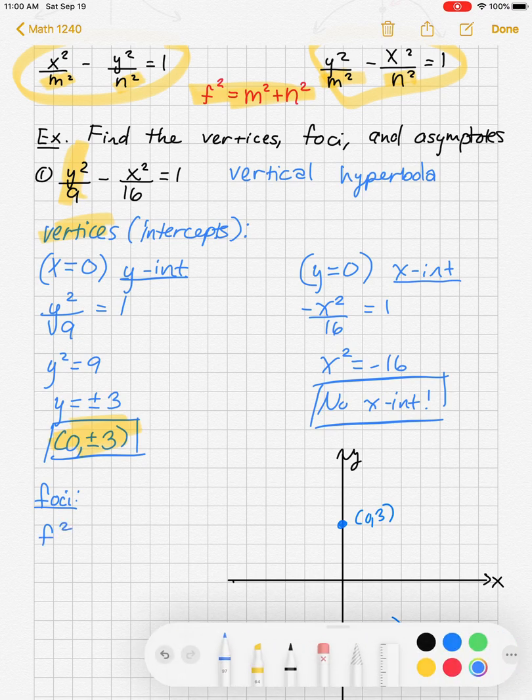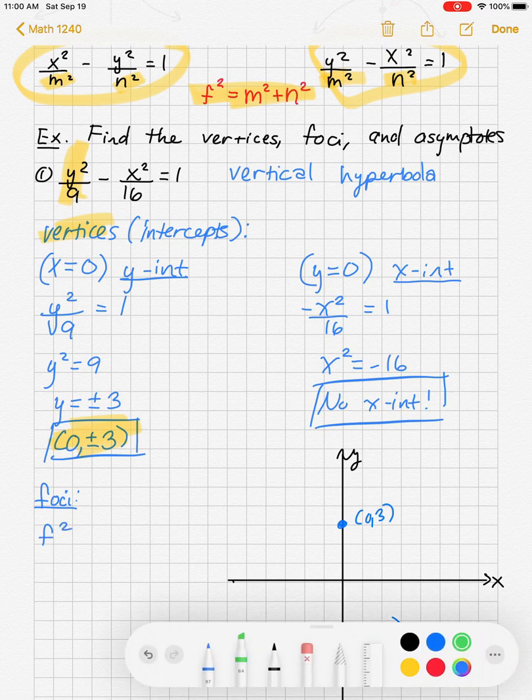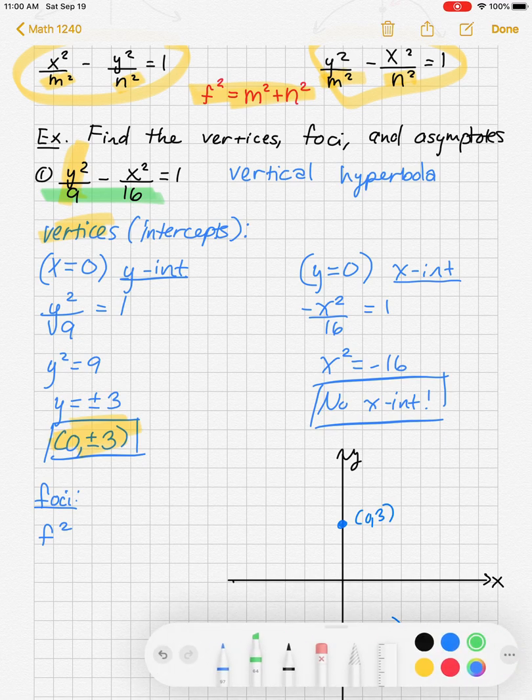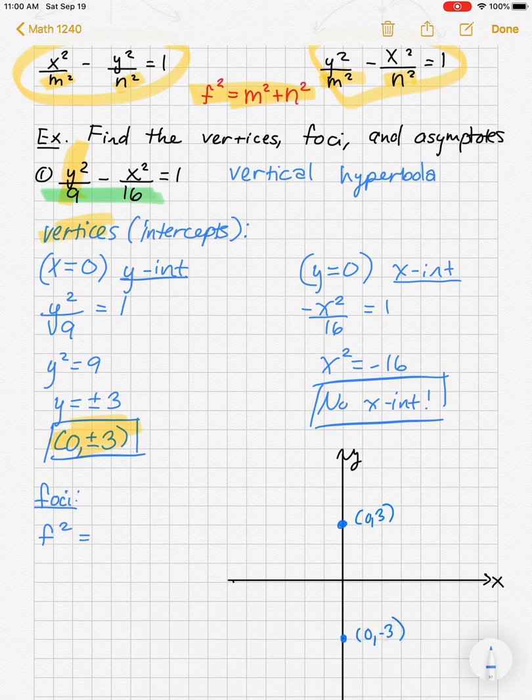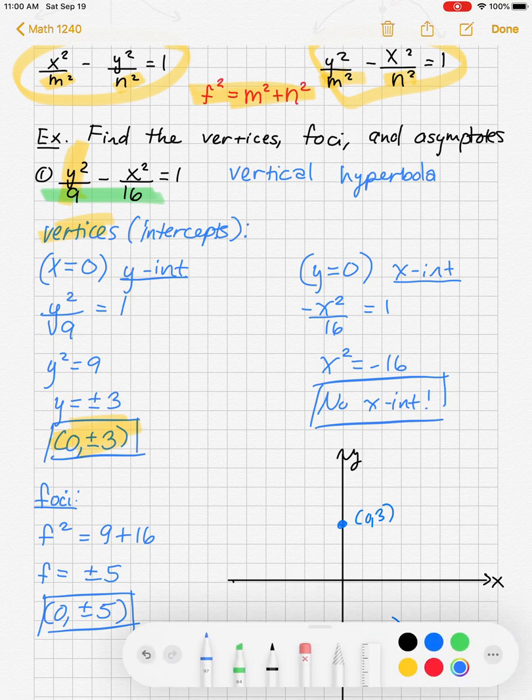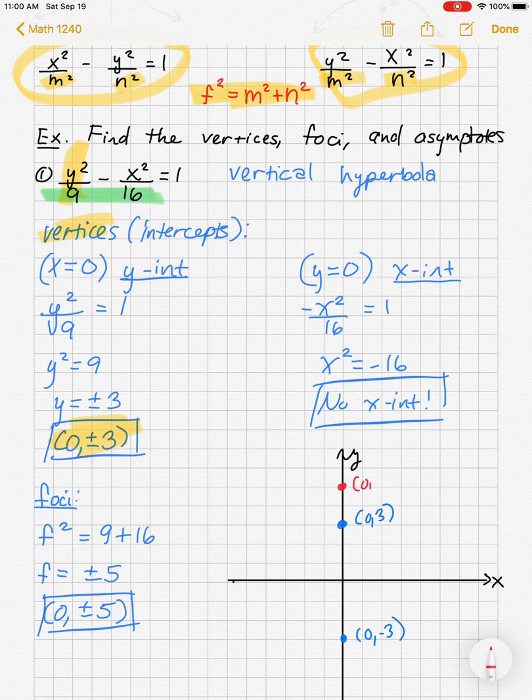So look at my equation. I'm using these numbers: 9 plus 16, square root of 25. And then those are on the same axis, of course, as the vertices. So in the region we were expecting.